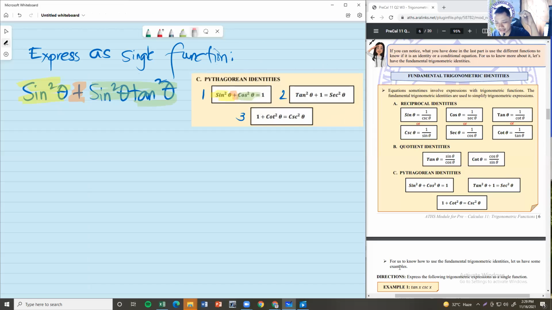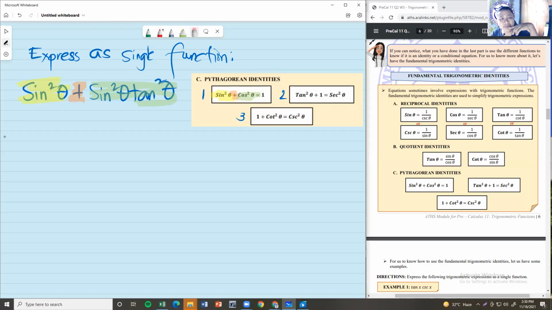Okay, meron tayong chat in the chat box. Pythagorean po yung 2 po or quotient. Pythagorean po yung sine squared. Ay yung sine 2. Sige. Tingnan natin. Since ito lang naman ang pwede nating i-simplify if ever.